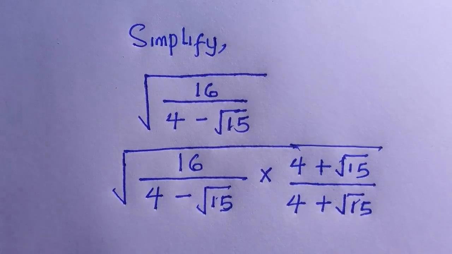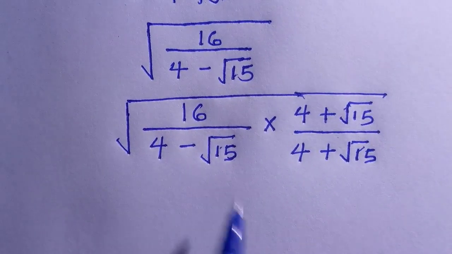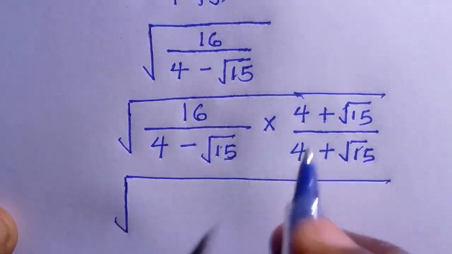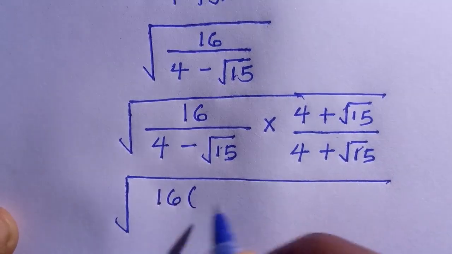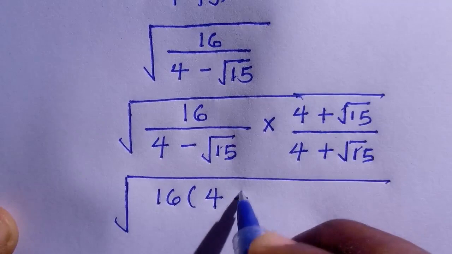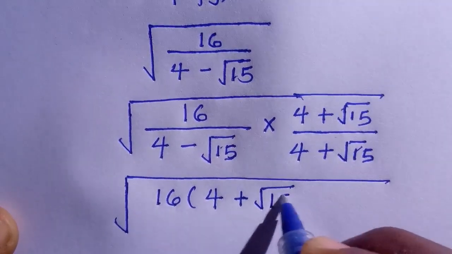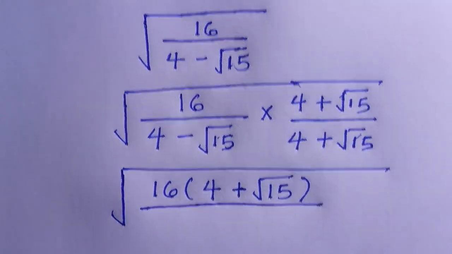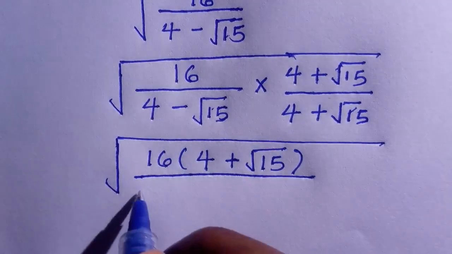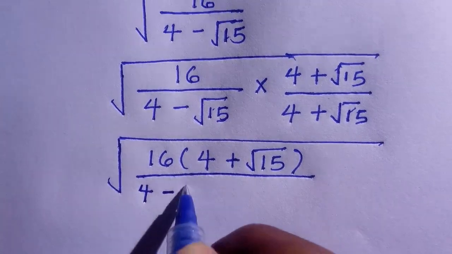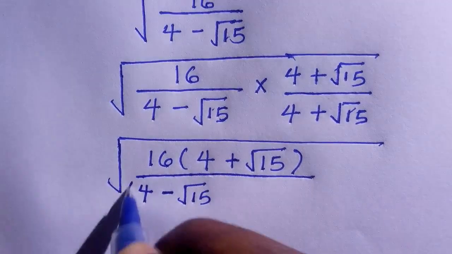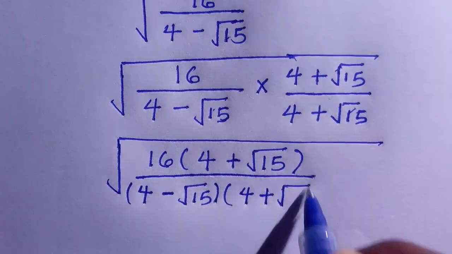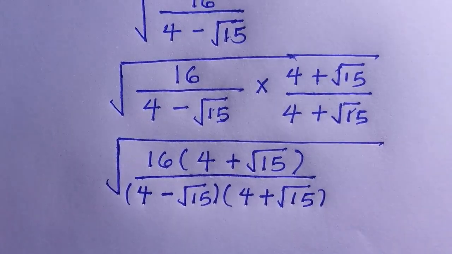And when we multiply the two numerators together, we have the square root of 16 bracket 4 plus square root of 15, divided by, and we also multiply the denominators together, which is 4 minus square root of 15 bracket open bracket 4 plus square root of 15.